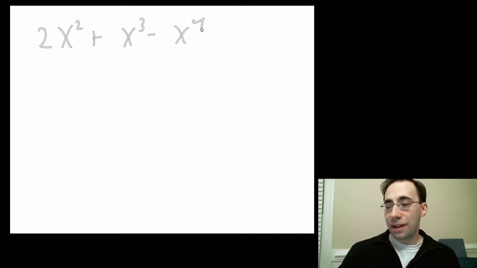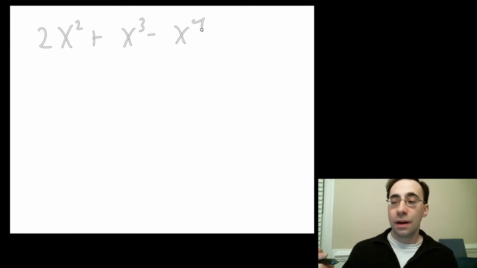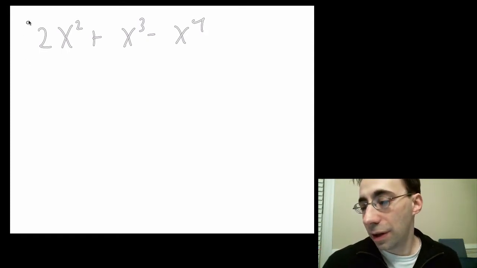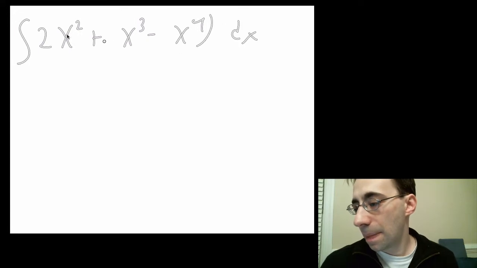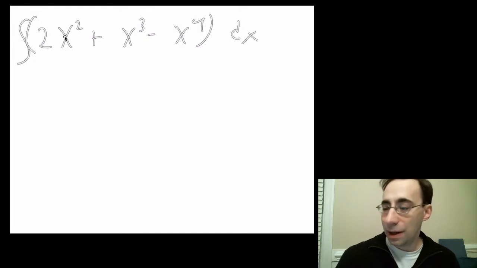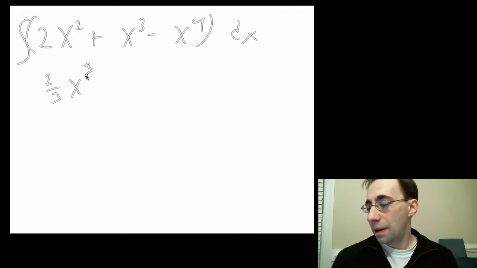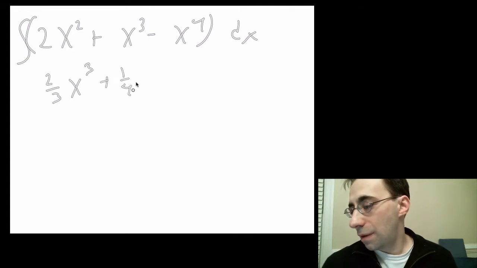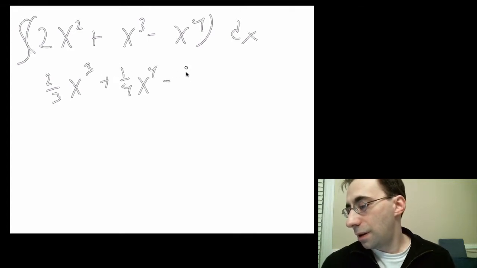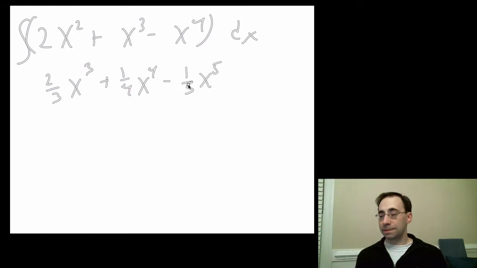So you can use the fact that the integral is linear to integrate that sum. Really quickly, you can just do the integral of that. You raise the power to x to the third, divide by 3, you get 2/3 x to the third. You divide this one by 4, and you divide this one by 5. And there you go, you've integrated this polynomial.